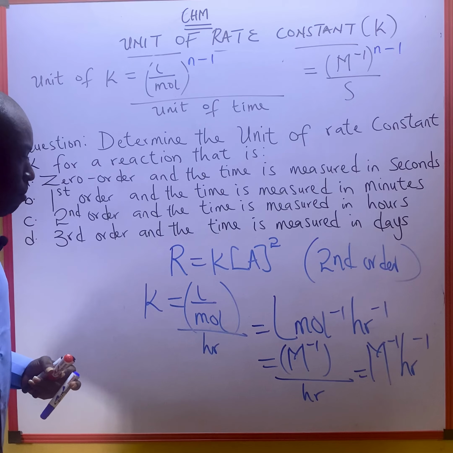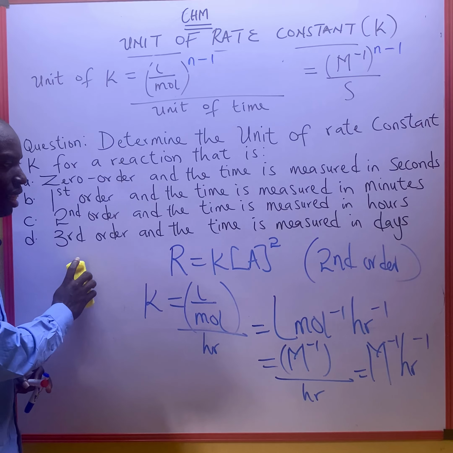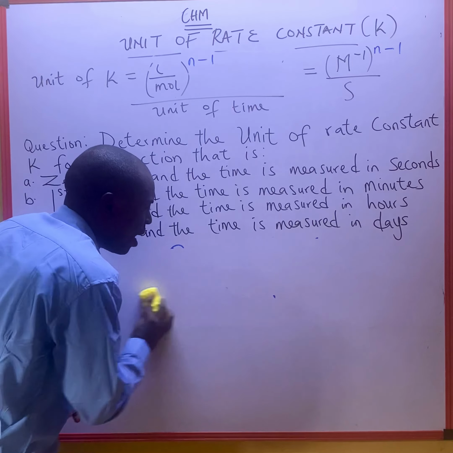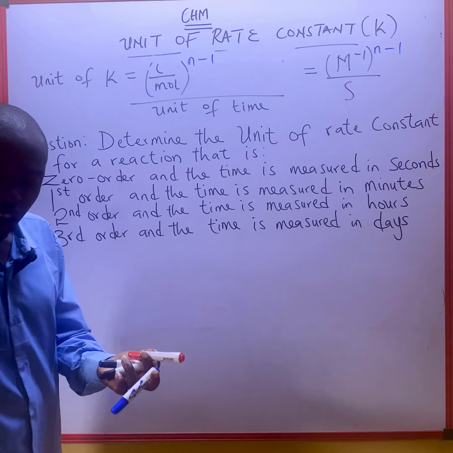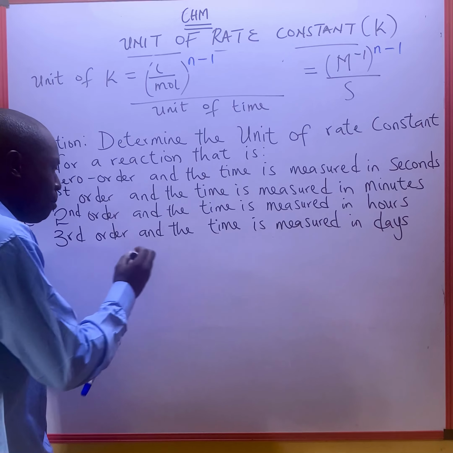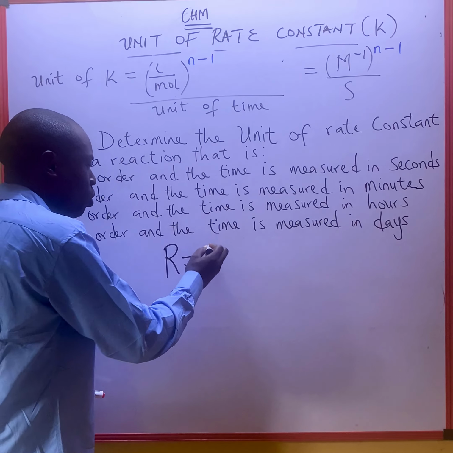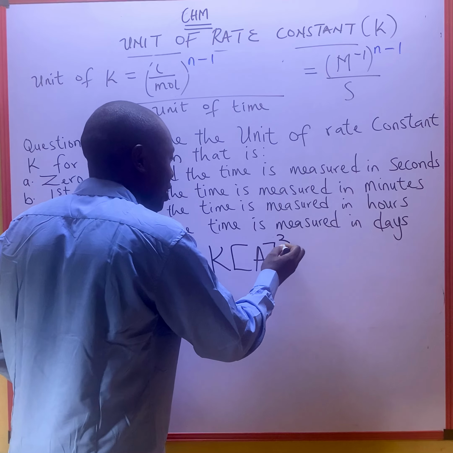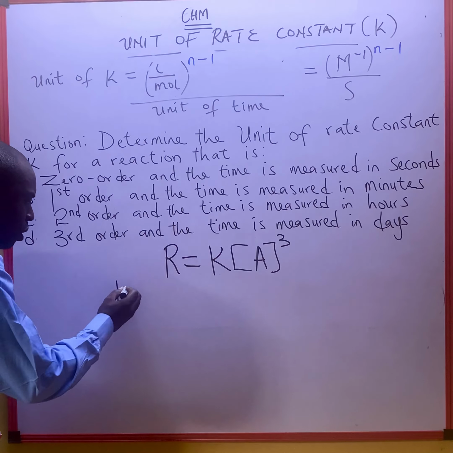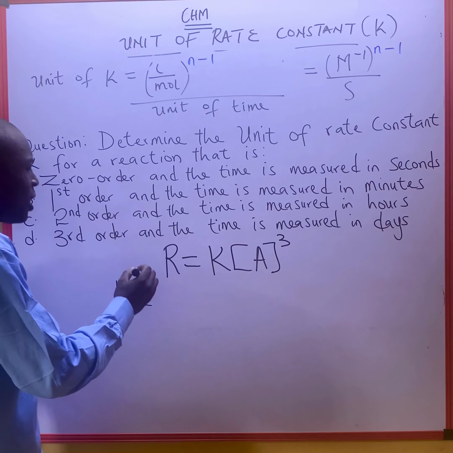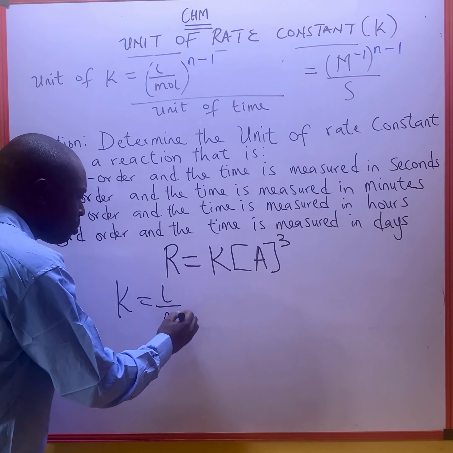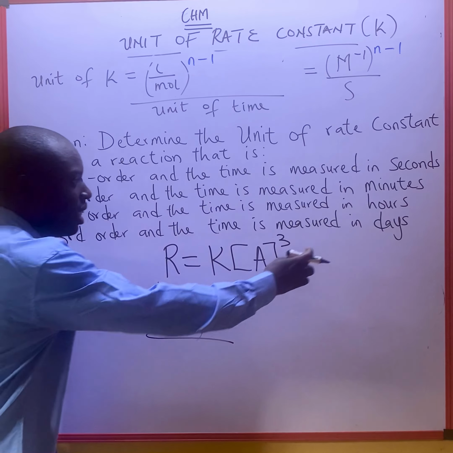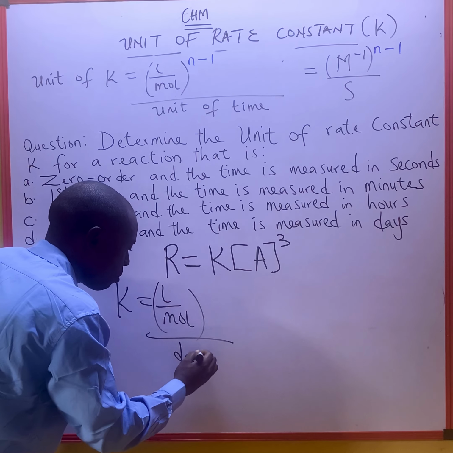And lastly, please take note, for a third order, where my rate is equal to the rate constant times the concentration of the reactant raised to power 3. It's simple. The unit of K will become liter per mole. They said days for the time.